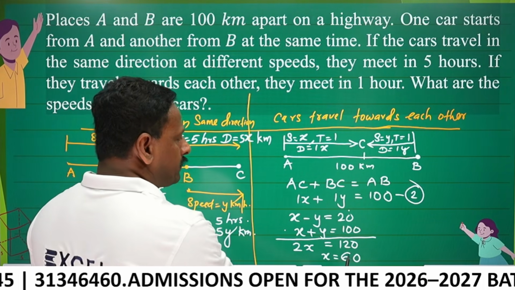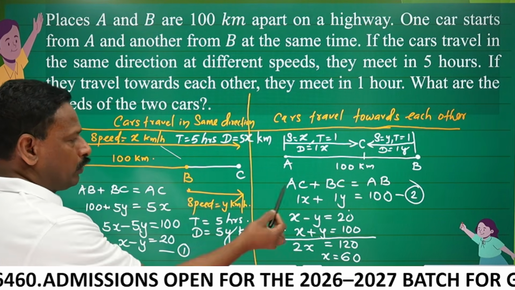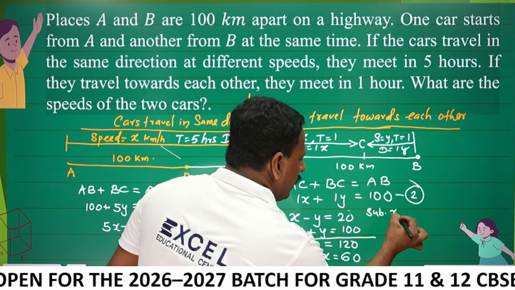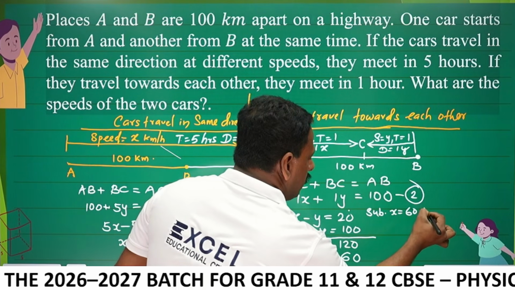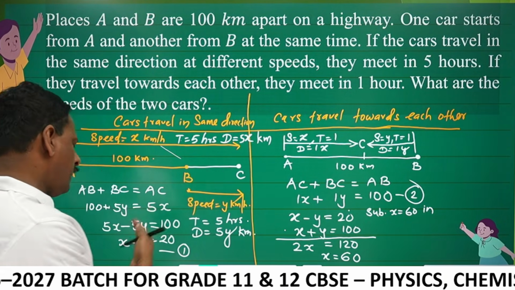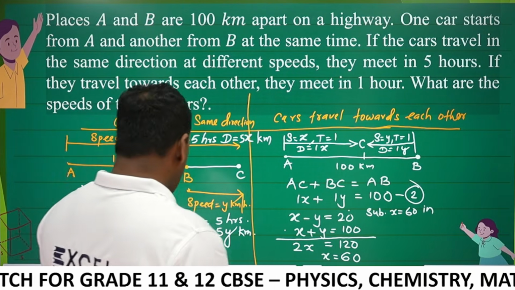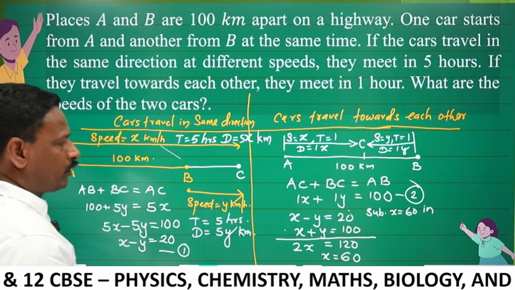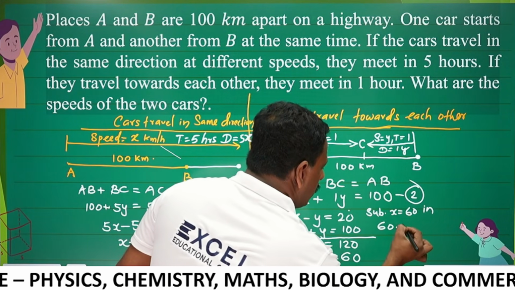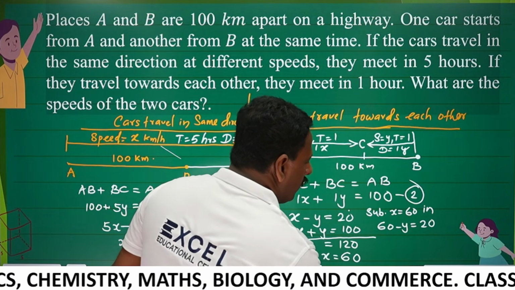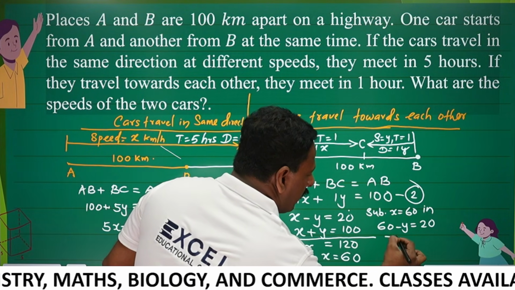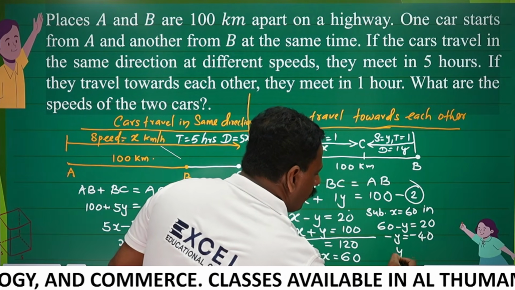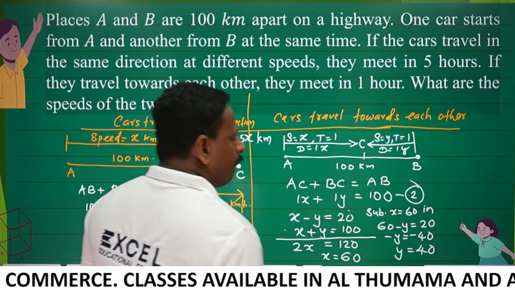This value of x, you can substitute in equation number 1 or 2 as you like. I am substituting in 1. If you substitute x equal to 60 in equation number 1, you will get 60 minus y equal to 20, or minus y equal to 20 minus 60, that is minus 40, or y is equal to 40.